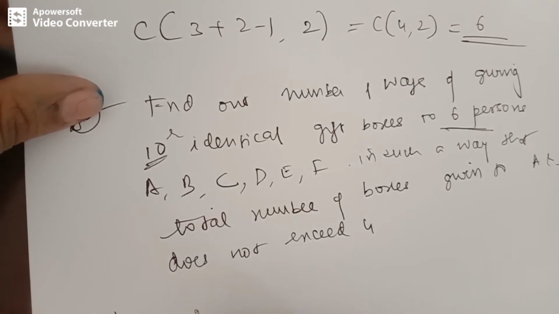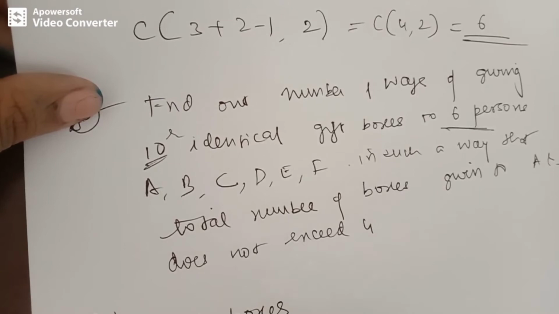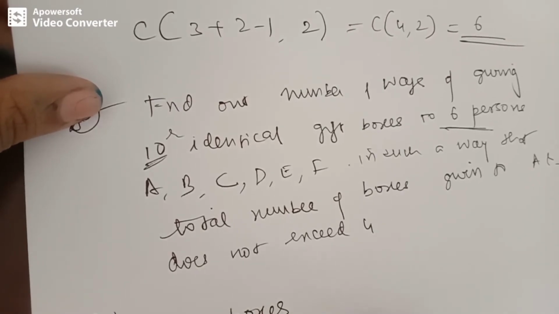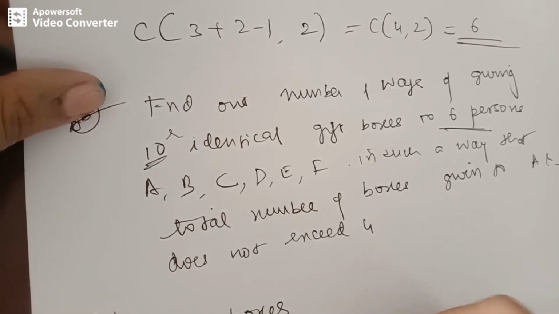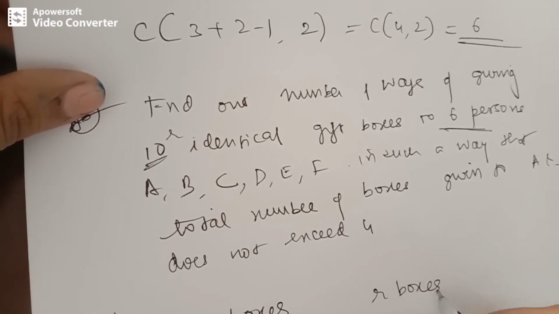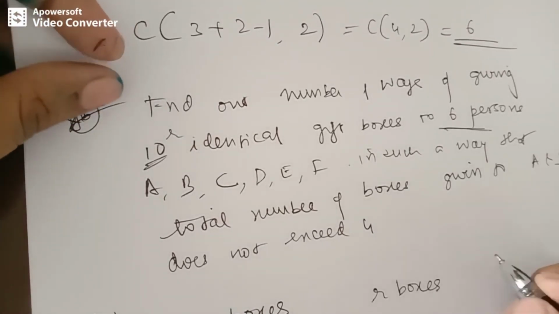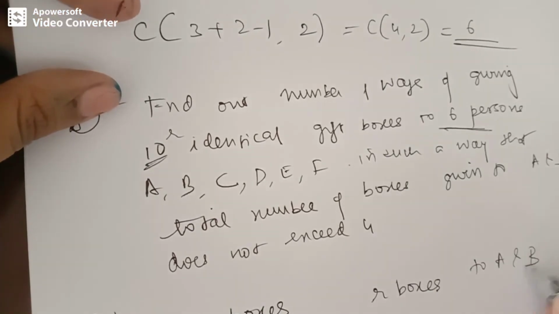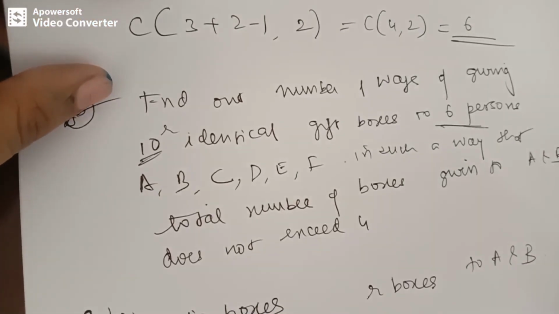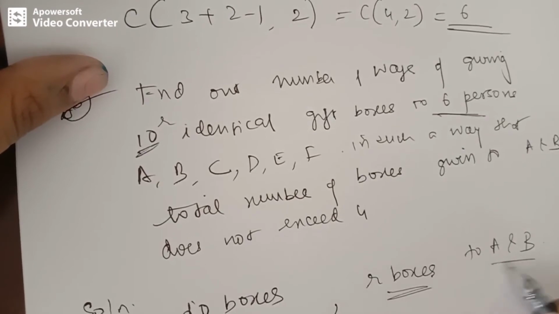So how can we solve this? Basically we know that there are 10 boxes. Out of these 10 boxes, suppose we distribute r boxes to A and B together.